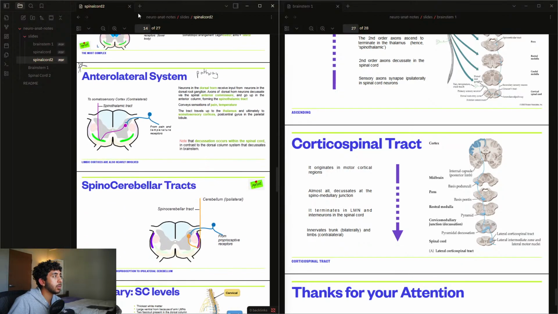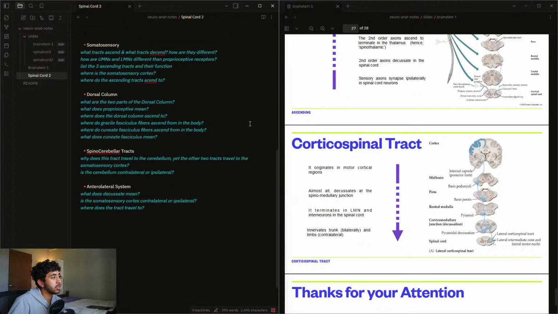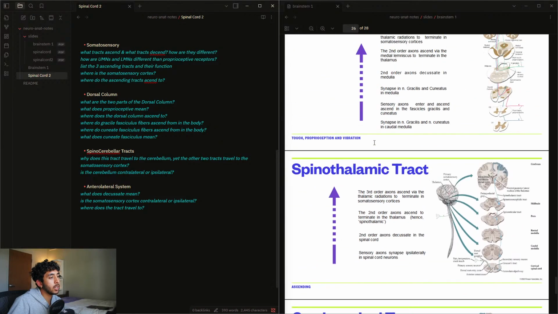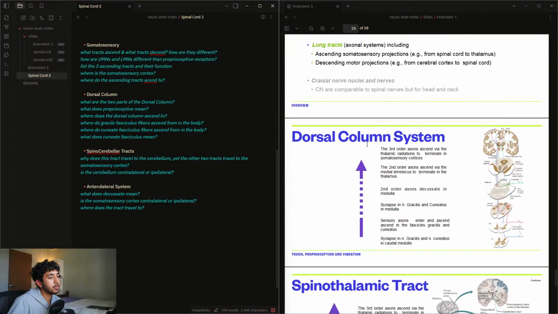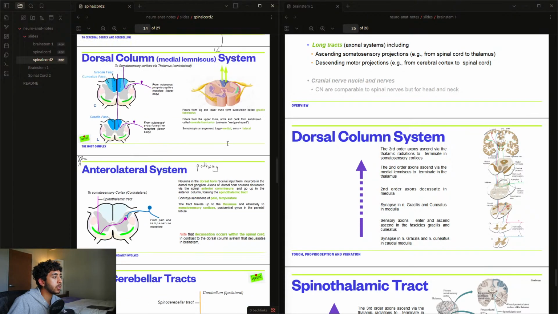Yeah, spinocerebellar tract. Because apparently it's not visible, so just one of the motor tracts and two out of the three somatosensory tracts. One of the motor tracts, two out of three somatosensory tracts. Yep.